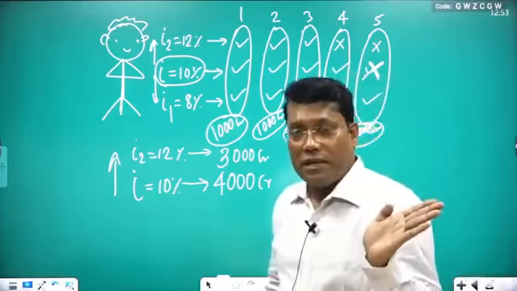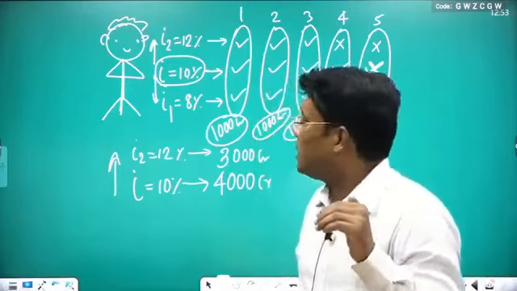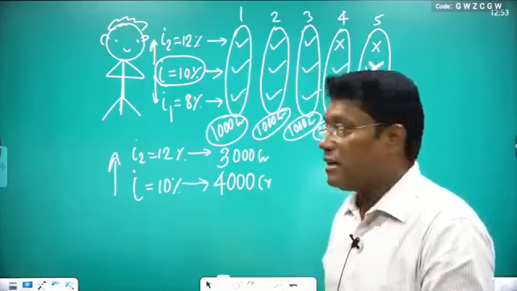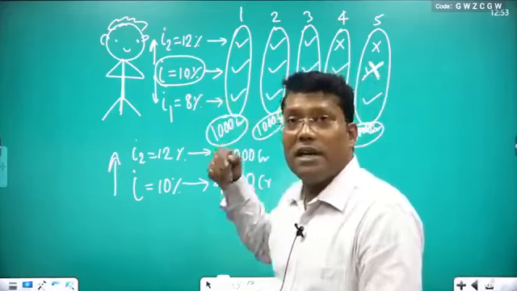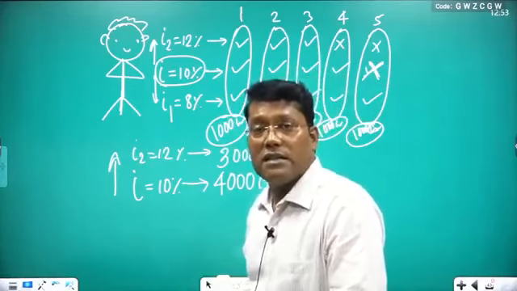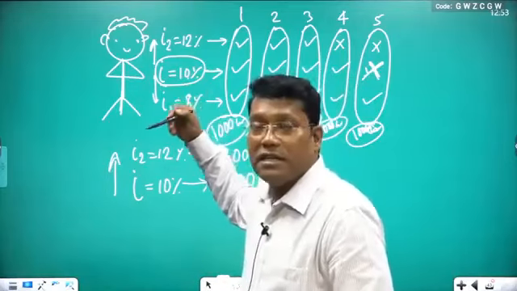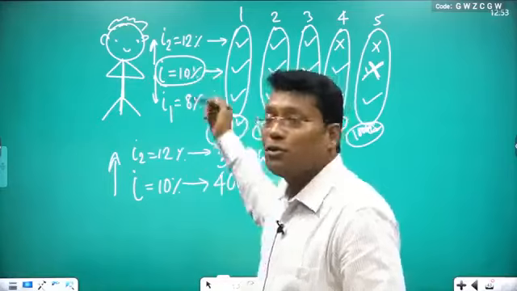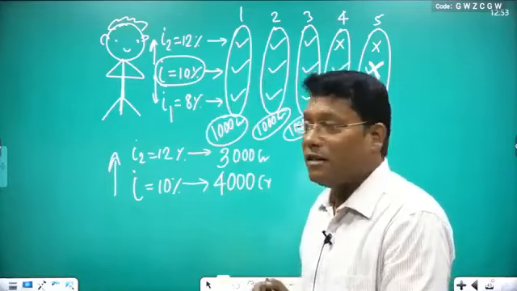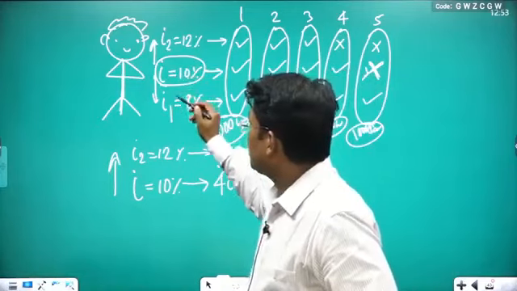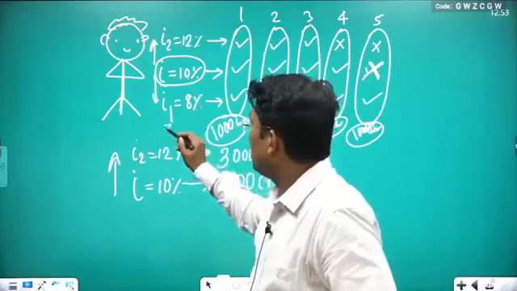Change it a different way. Suppose you decided on I equal to 10%, but RBI cuts down the repo rate. If RBI cuts down the repo rate, then the interest rate declines from 10% to 8%, that is I to I1.